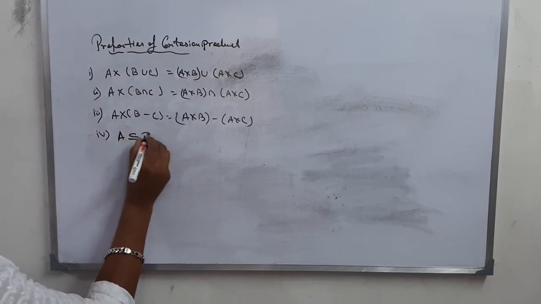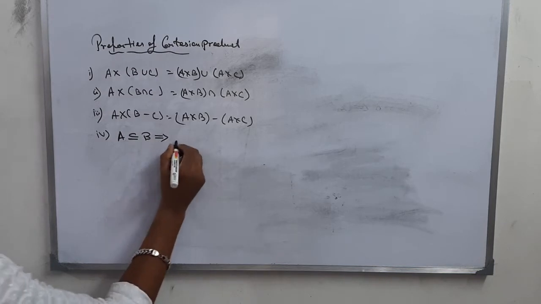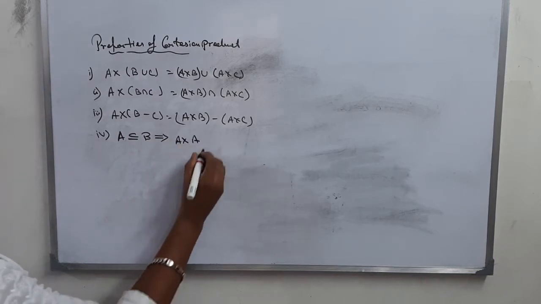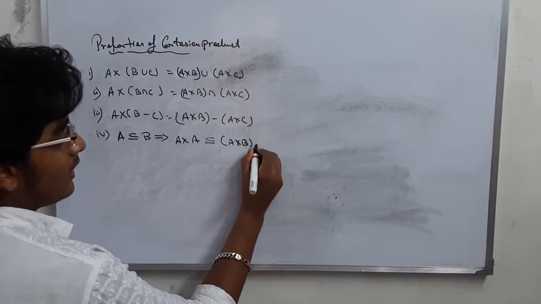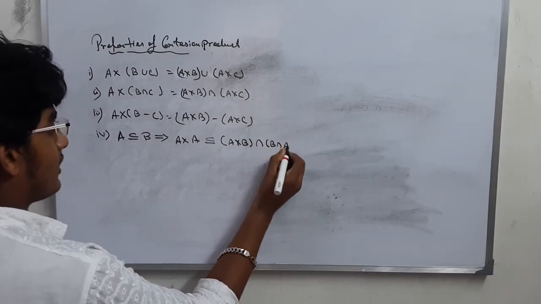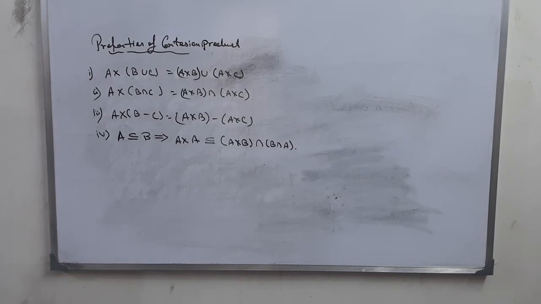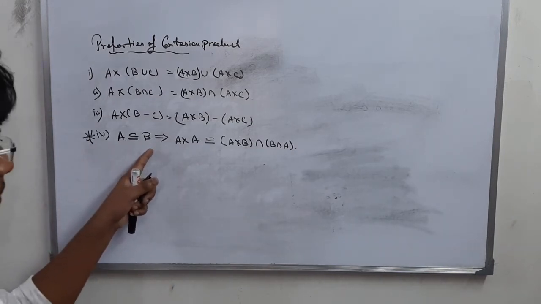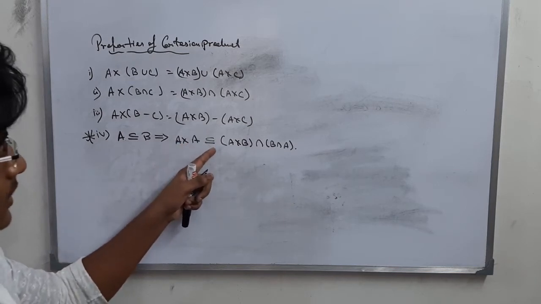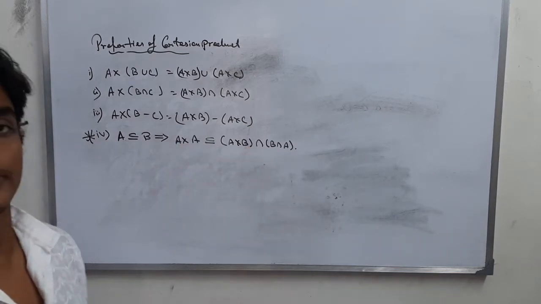A being a subset of B implies A cross A is a subset of (A cross B) intersection (B cross A). Okay, this is very important. Give it a star. If A is a subset of B, then A cross A is a subset of (A cross B) intersection (B cross A).